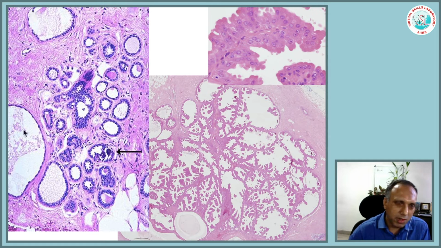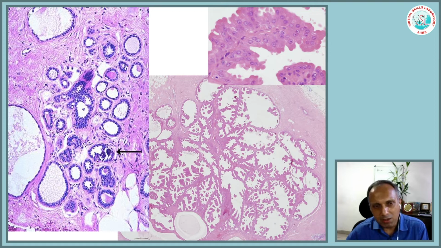Some of these acini or ducts are distended and filled with secretions. So these are the cysts which are present, as you can see. There may be some calcification to which this arrow is pointing. And sometimes some of these acinar units in fibrocystic change show a lot of pink cytoplasm and secretions.